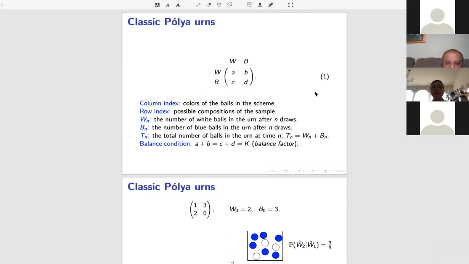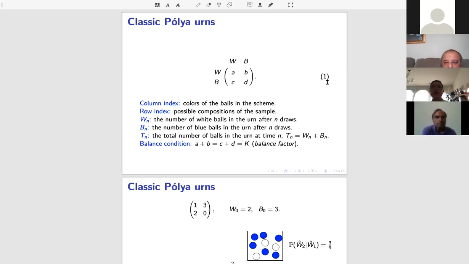In a classic Pólya urn, at each step, we sample a single ball and observe the color, and then we execute the predetermined replacement rules. The replacement rules are captured in this matrix, which is given as matrix 1.